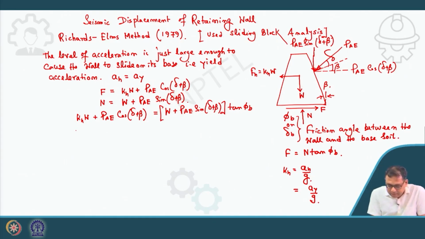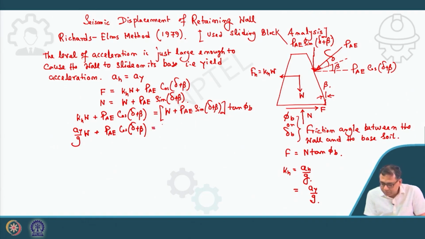So, I can write that AY divided by G into W plus PAE cos delta plus beta will be equal to W plus PAE sin delta plus beta into tan phi b.